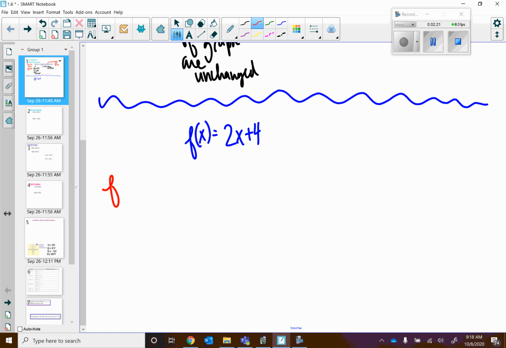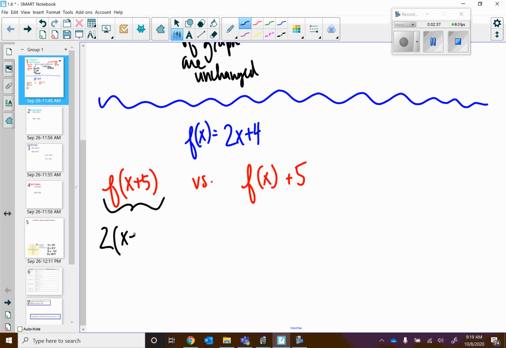If I want to find f of x plus 5, that is different than f of x, plus 5. In this case, we are plugging in x plus 5 for the x here. So it would be 2 times x plus 5, plus 4. This one is saying keep the original function, 2x plus 4, f of x, and then add 5 to it. So there's two very different things here.